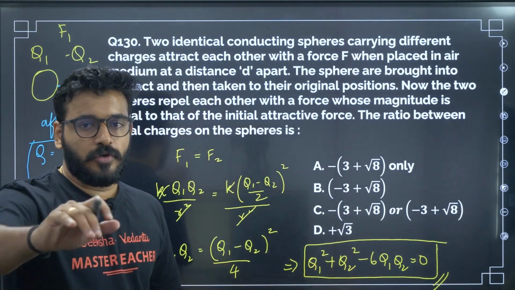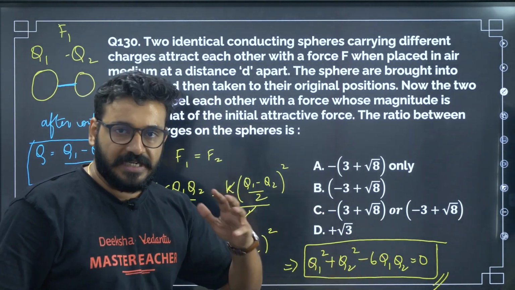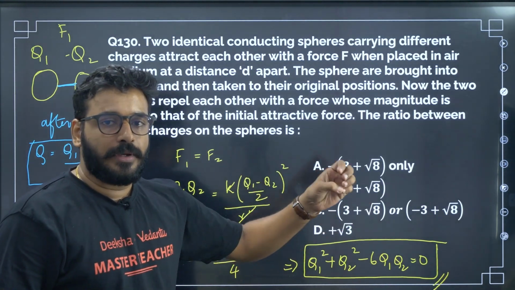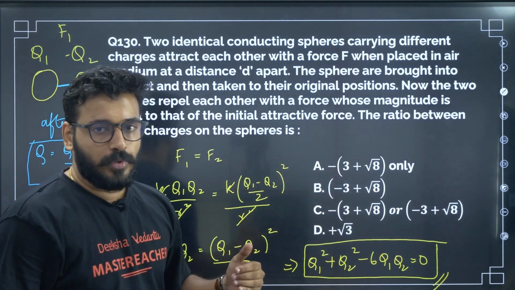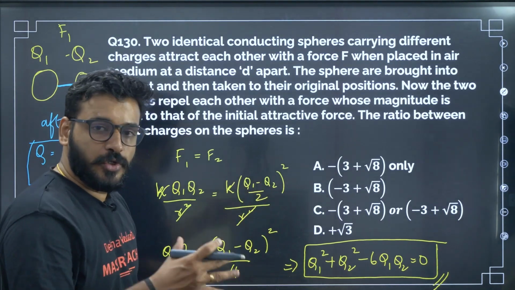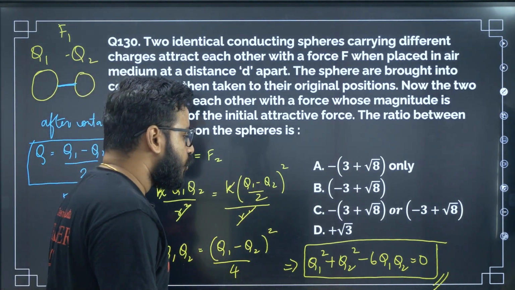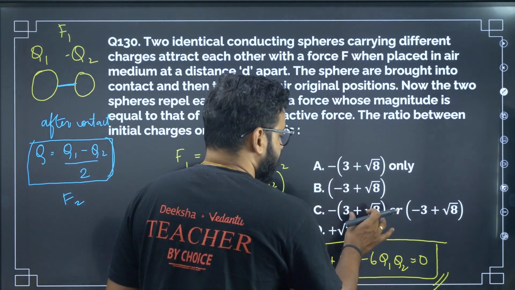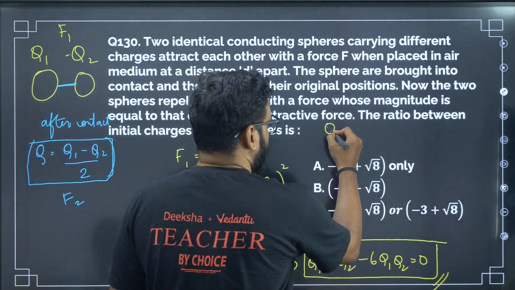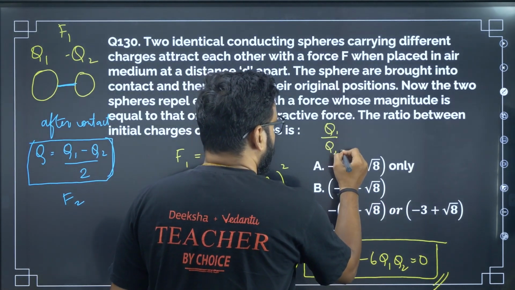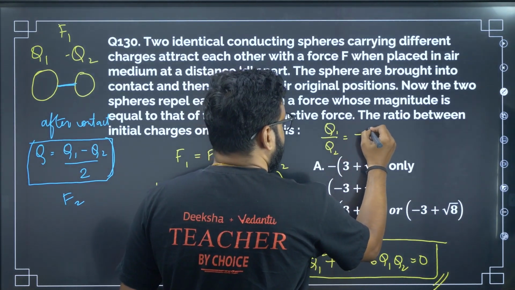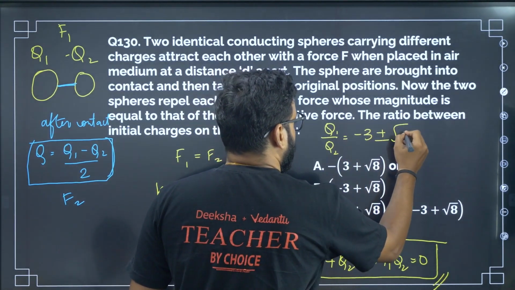Now what I suggest all of you is solve this equation by general method. Okay, solve this quadratic equation and you can take Q1 by Q2 ratio, you can segregate to one side. So Q1 by Q2 can be taken as minus 3 plus or minus root 8.